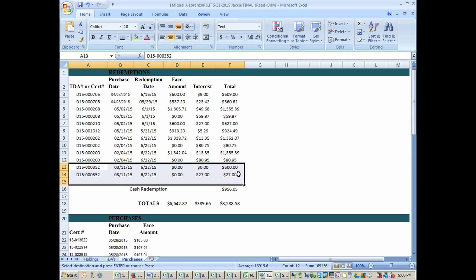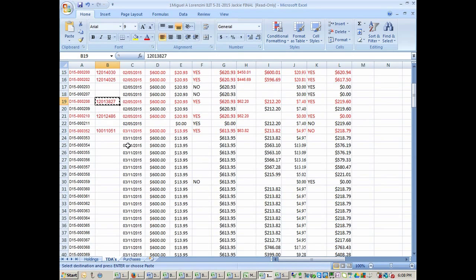This one, that's clearly a clerk of court fee that was redeemed by itself, which means that the certificates that go along with that TDA were not redeemed at this time. They may have been redeemed before. Let's take a look at 352. So let's go to the TDA page. 352. No, they have not been redeemed.